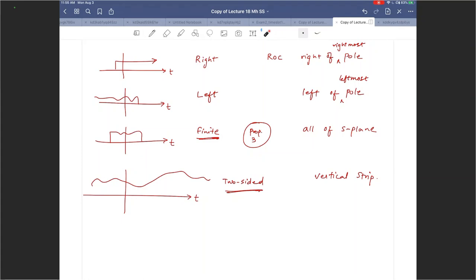The integral will have to converge, right? It's a finite area here, so it has to be converging. And if it's a two-sided signal, then it will be a vertical strip. We have looked at an example of this with the e to the minus absolute of t case. So these are some ideas that will be very helpful going forward. Some of this we are going to prove in any case.